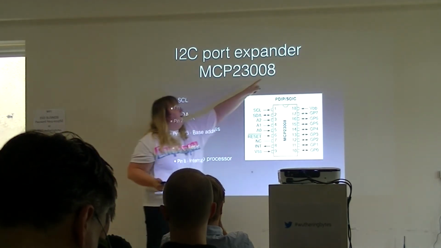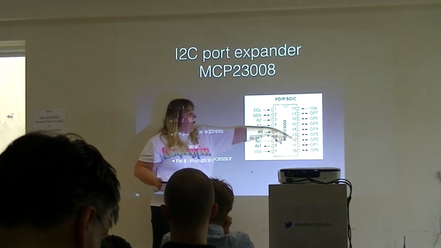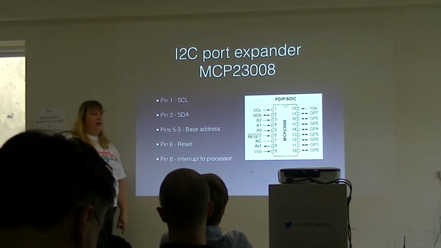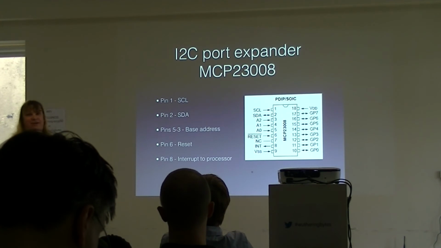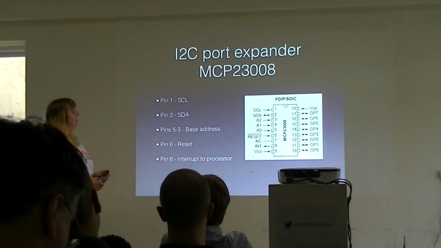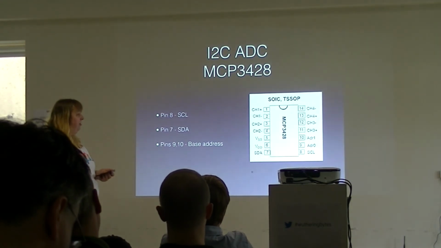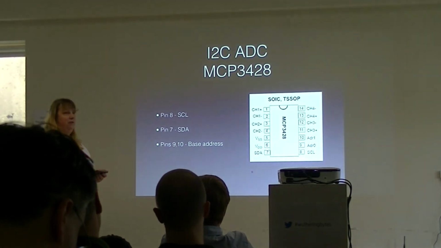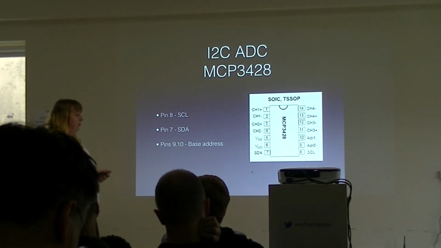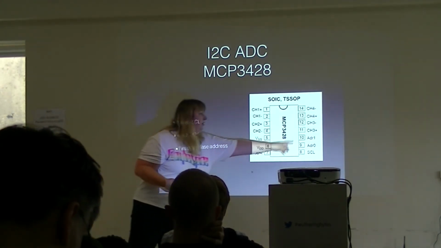The 8 on the end means 8 GPIO inputs/outputs. Not surprisingly, there's a 23A16, which has 16 of them. Another one you might be interested in is an analog to digital converter. Another I2C device. Again, it has address lines.